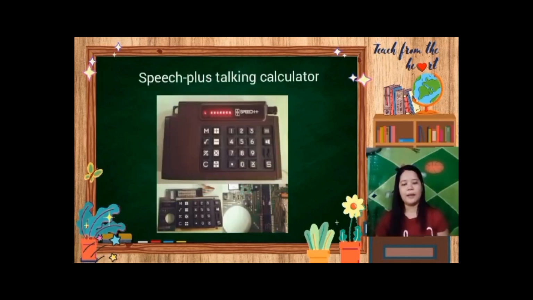So, the next manipulative object is the speech plus talking calculator. It is a small electronic instrument that performs most of the operations of any standard calculator, but with added features of speech output.